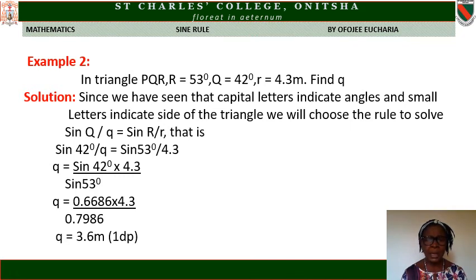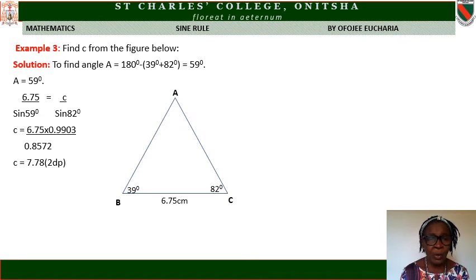When we look at the calculator or four-figure table, you see that sine 42 degrees is 0.6686. Then you use it to multiply 4.3, and you divide by 0.7986, which is the value for sine 53 degrees. When you divide it, keeping it to one decimal point, the answer becomes 3.6 meters.